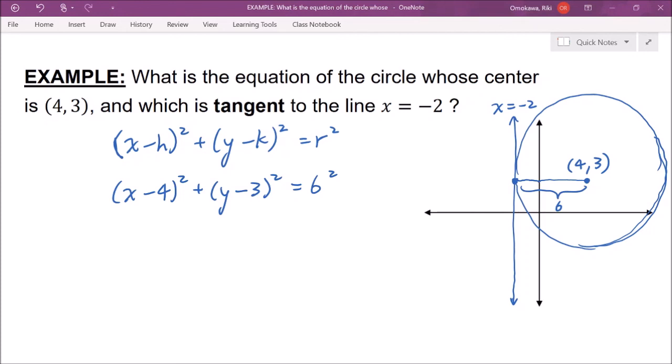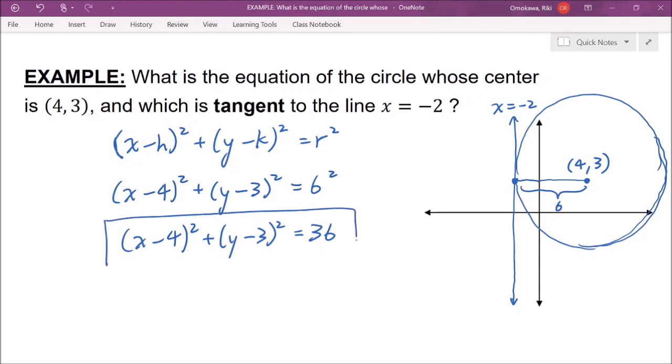Or we could square the radius here. So our final answer is everything we already had on the left side, and then equals, on the right side, this radius that we found, 6 squared, which is just 36. And we're done. We found the equation that defines this circle with center (4, 3), which is tangent to the line x equals -2.